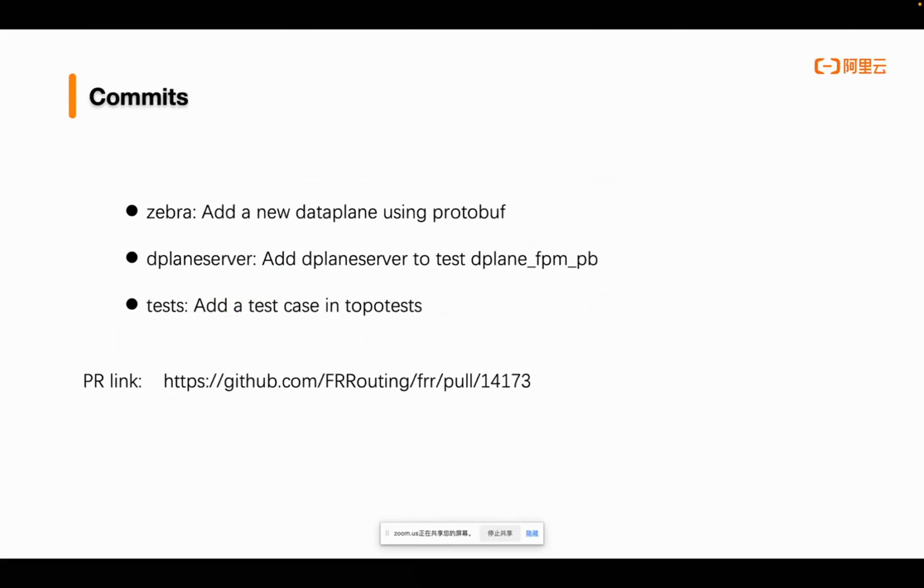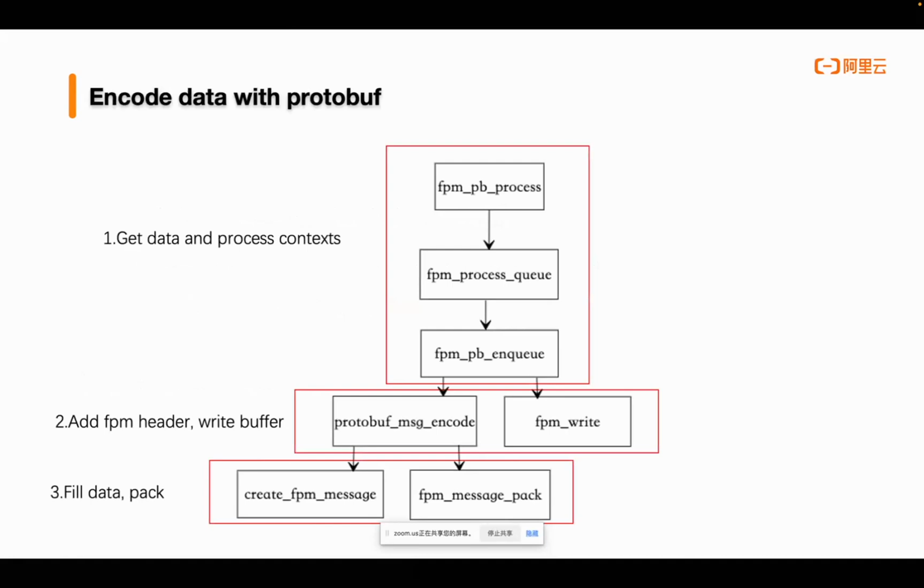Here are my code commits. These are the new data channel in Zebra, the socket server side program, and the test case in topotest. The bottom is my PR link. Here is the stage where the data is processed. It's divided into 3 parts.